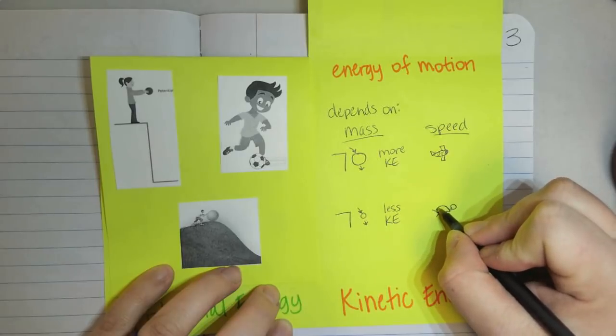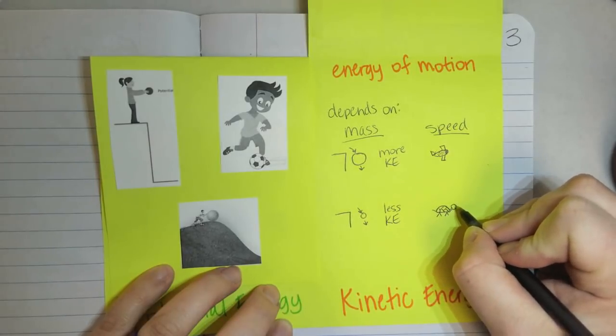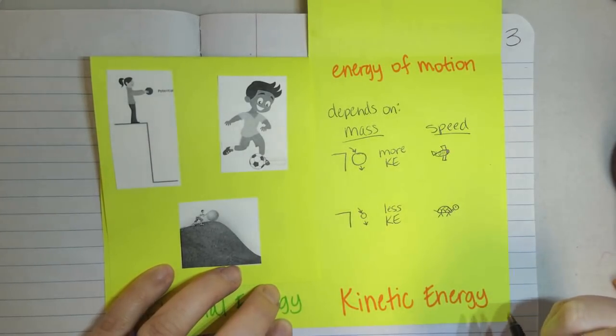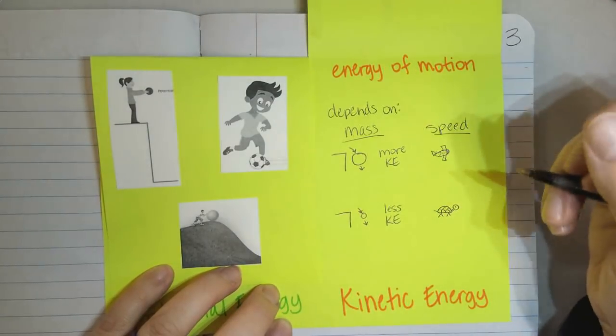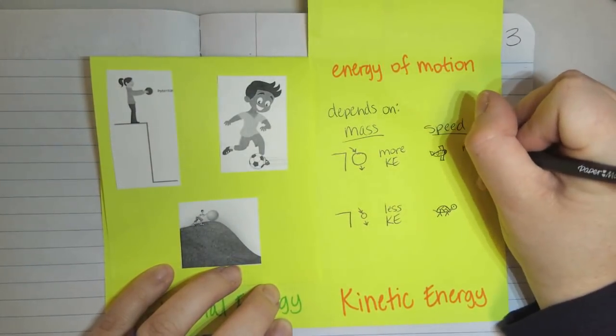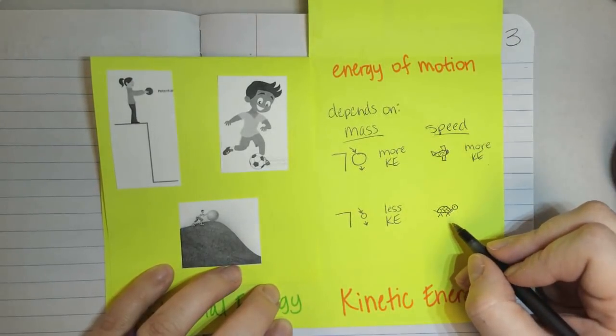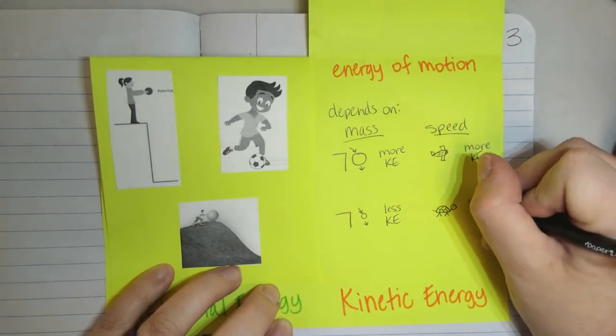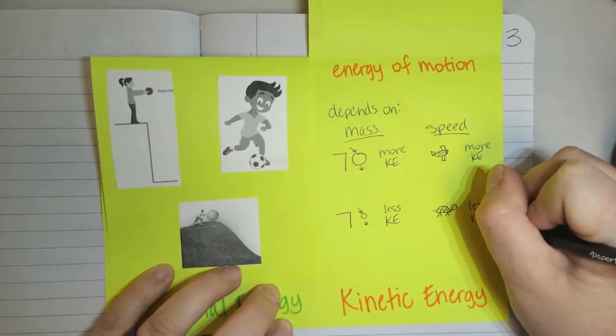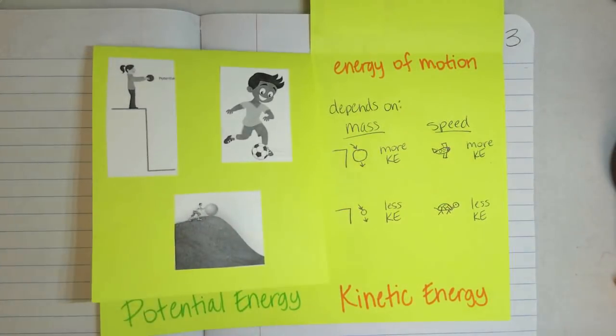Okay, draw some little things on his shell, and there's my turtle. All right, so if it's a faster object with higher speed, greater speed, it's going to have more kinetic energy. And if it's an object that is slower with less speed, it is going to have less kinetic energy, or KE.